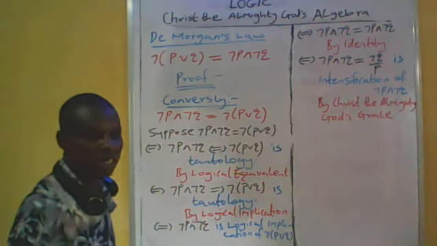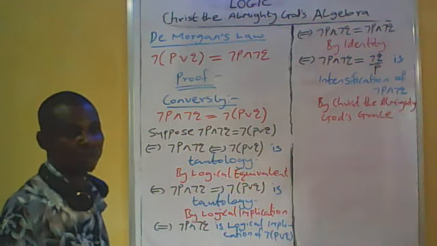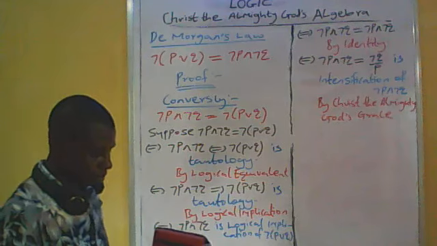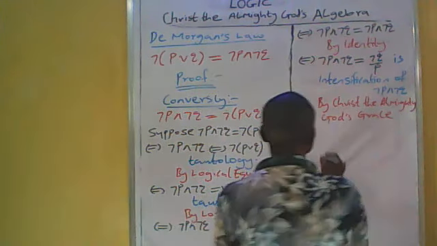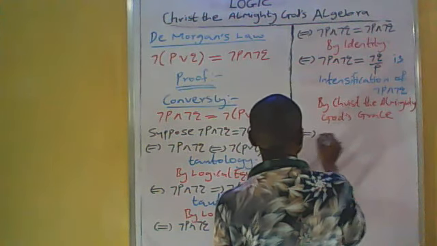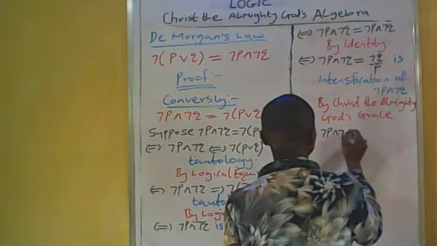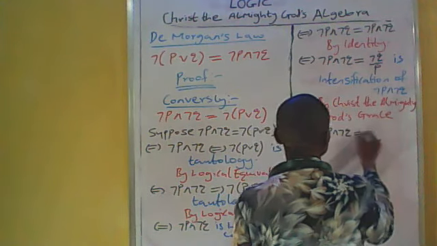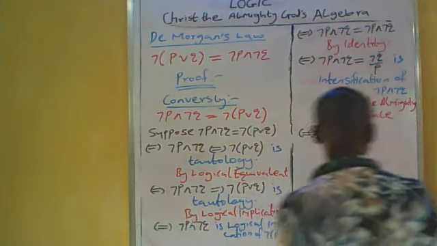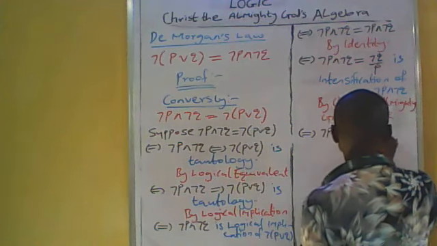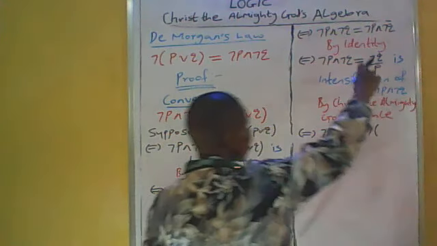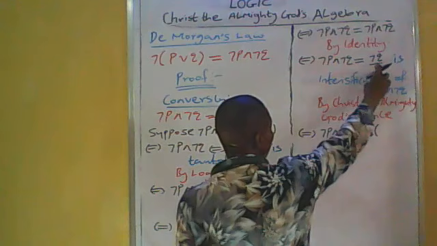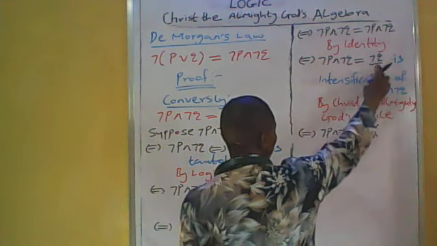Now we are going to simplify the right hand side of the equation. Say if and only if not P and not Q is equal to not bracket. Now since this P is positive, it's going to become negative.